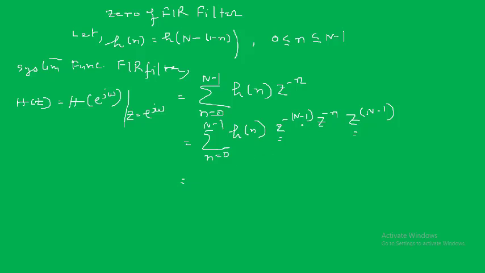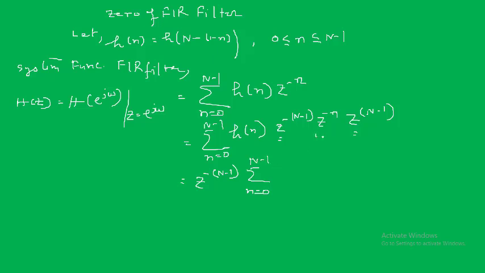Now since this capital N is independent of this small n, it is basically a constant number. So we can take it out of the summation and write it as z to the power minus (N minus 1), times the summation n equal to 0 to N minus 1.